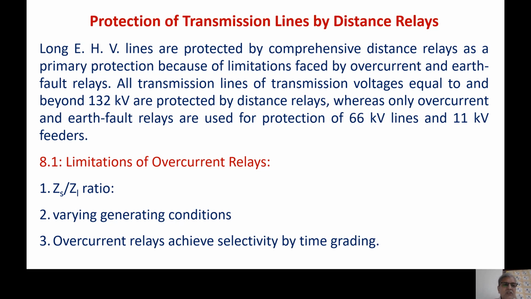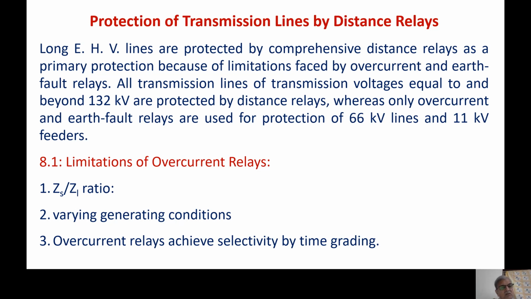cost, that is, the cost of protection should not exceed 5 to 10% of cost of equipment to be protected, will not justify the protection of 66 or 11 kV lines by distance relays.